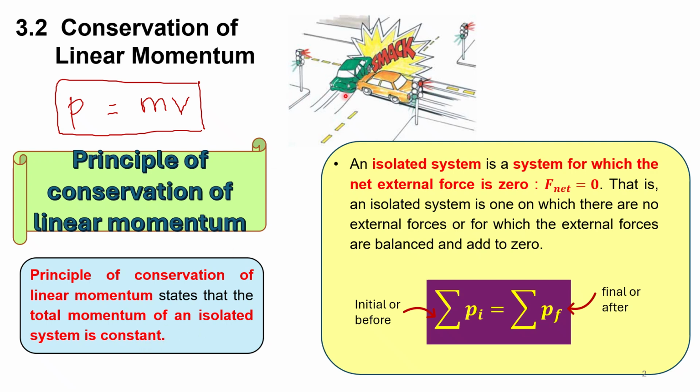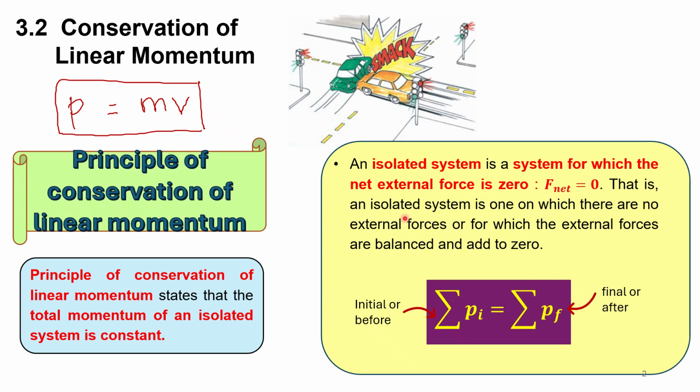Since we have two cars here, green and orange, we call this a system. So what is an isolated system? For an isolated system, there's no external force, or we can write the external force is 0, or we can also say that the net force is 0.